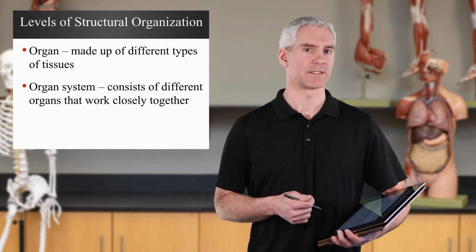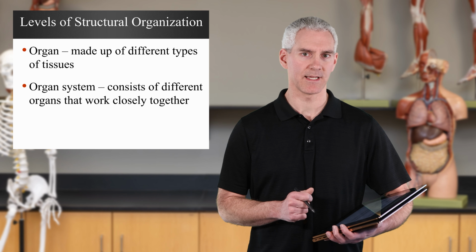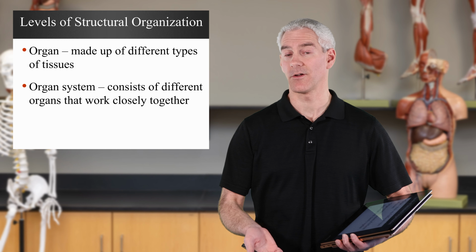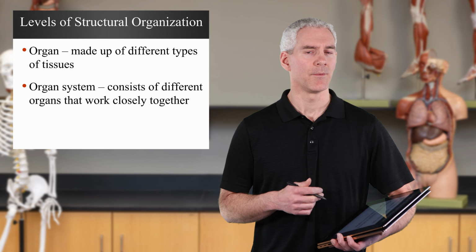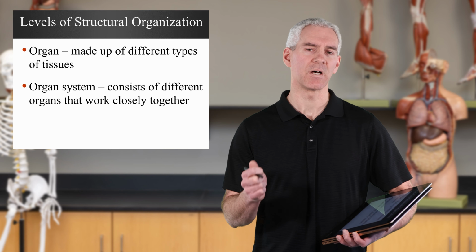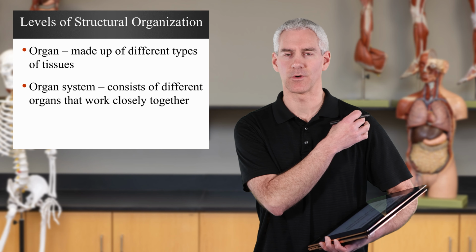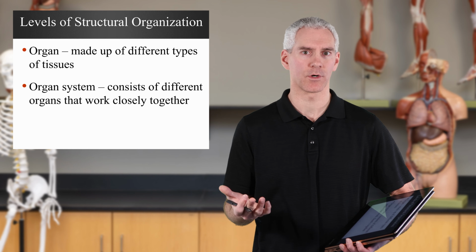Now, when you start taking these organs, they then go into organ systems. This level, organ systems, are going to be two or more organs working together. Now, sometimes it's only a couple organs. Other times, there's a whole lot of organs working together. Because think about it this way, your muscular system, each individual organ, deltoid, biceps brachii, triceps brachii, each one is an organ.